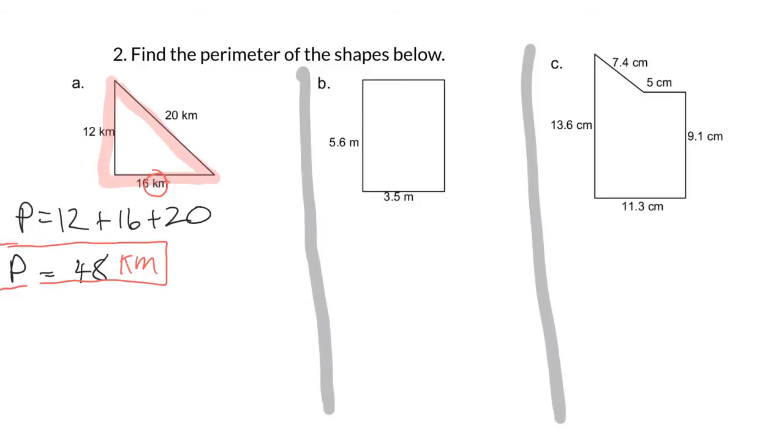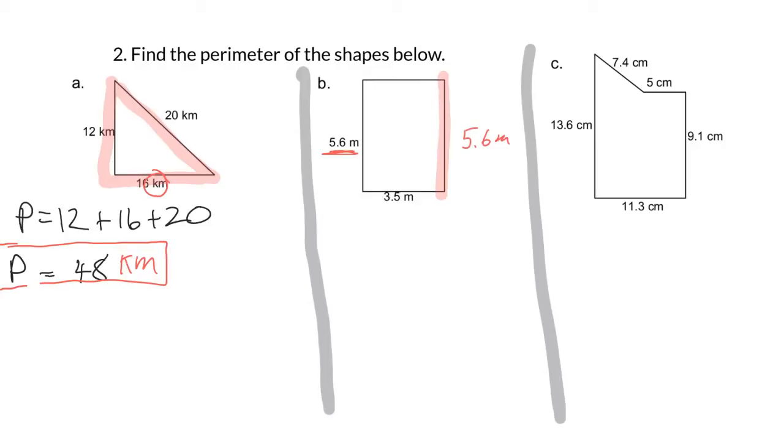For question number 2B, we do the same thing again, but this time we have a problem. You'll notice we have a rectangle. This side of my rectangle is 5.6 meters. In order for this to be a rectangle, this other side here has to be the same, so this must also be 5.6 meters.